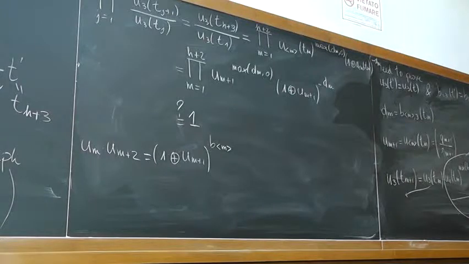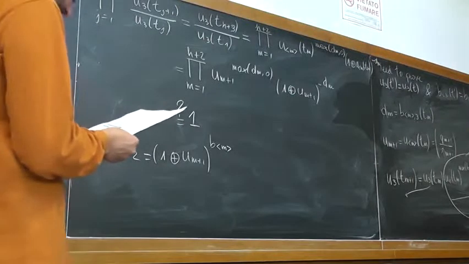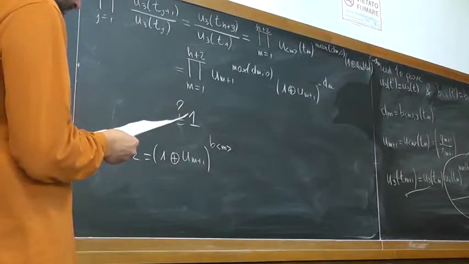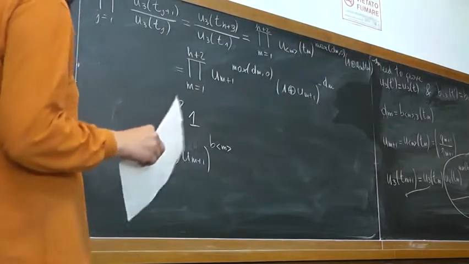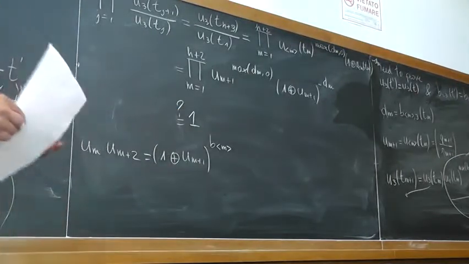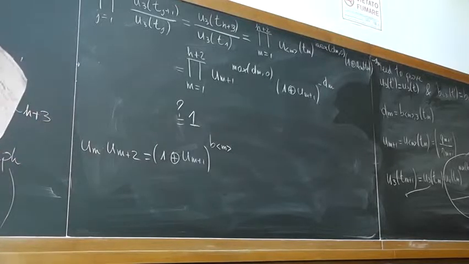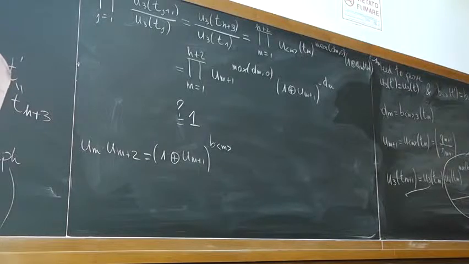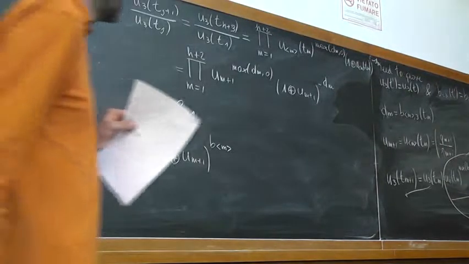This is the same. So the plus was the greatest common divisor, right? Psychologically. Not necessarily. Yes, but psychologically, yes. I don't see why this is true. Because you're taking the greatest common divisor between 1 and u_{m+1}. I'm confused.